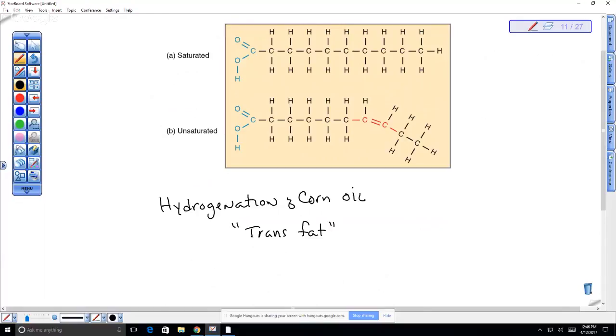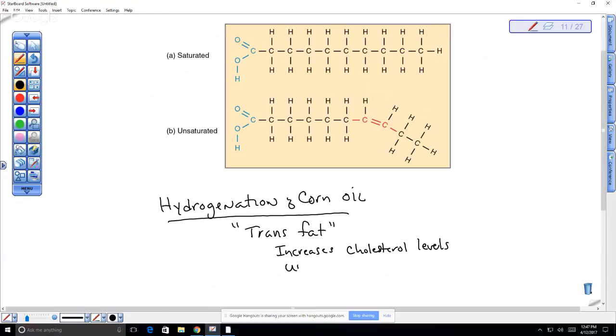You remember there was a time where if you were getting fast food, they might say, we do not use trans fat or whatever, right? So the trans fat is a form of hydrogenated plant oils. And it has a problem in that it increases cholesterol levels. We'll talk about cholesterol in a minute.